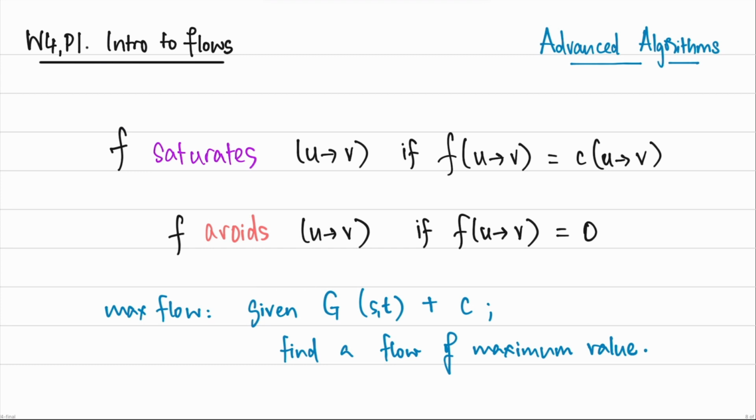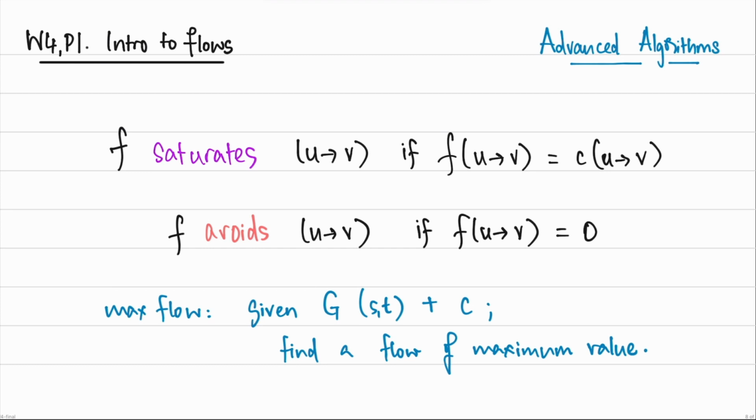And of course, this is a fairly bare bones model of the flow concept. You can enhance this with bells and whistles as you please. So sometimes you may want to say that, for instance, edges don't just have capacities, they may also have demands. You may have a requirement which says, well, I do need to push at least a certain amount of flow along a certain edge or along a certain set of edges. So that can be modeled using demands.